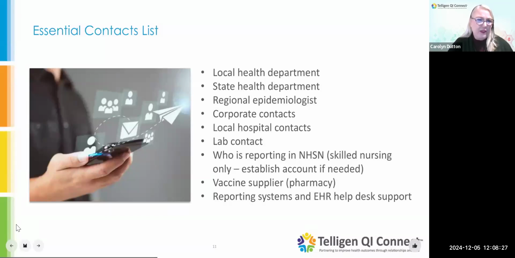It's great to have these at your fingertips for easy access, if you have questions or need support for anything that may come up in your role as an IP. So you'll get these slides, I believe Friday or in the next few days. You might want to look and make sure that you do have contacts and numbers, and that they're readily available for you when you get this list. Next slide, please.